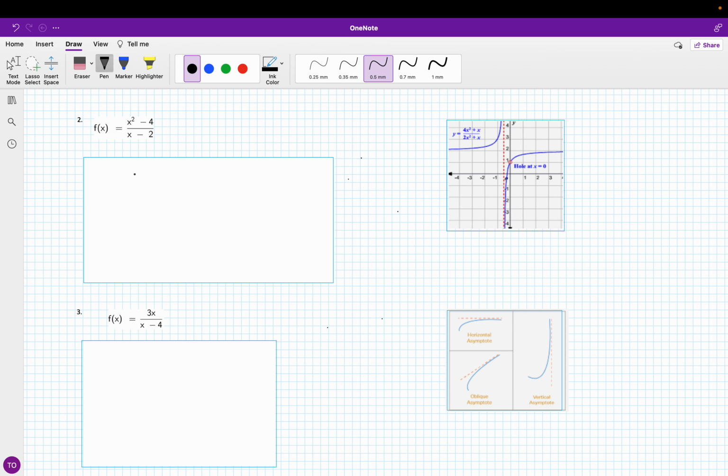The example that's actually in the picture is not related to what we're doing, but we will come back to that. So let's check our restrictions, or what we have here in terms of meaning. x squared minus 4 over x minus 2. We know that the denominator cannot be 0. So x minus 2 is not equal to 0. So x is not equal to 2. And we know that that's a hole.